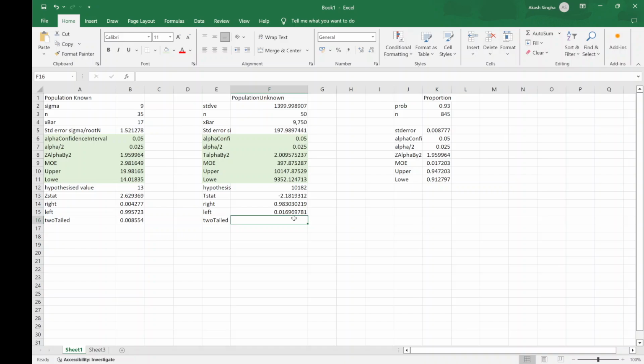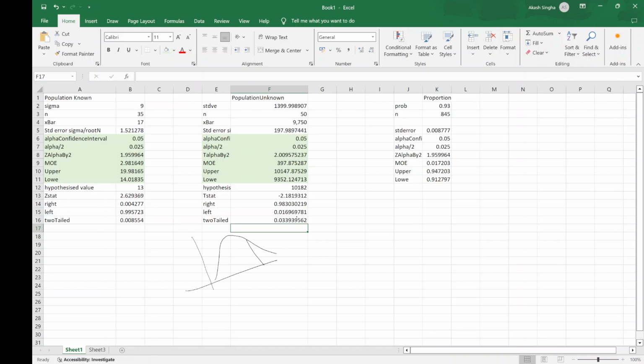Two-tailed. One thing I missed is two-tailed should be 2 into the lower of these values, whatever is the lowest value. So in this case, this one is the lower value. It should be into 2. Now why it is coming is, if you want to understand, this is like a normal distribution, and let's say here is the critical value, T star value.